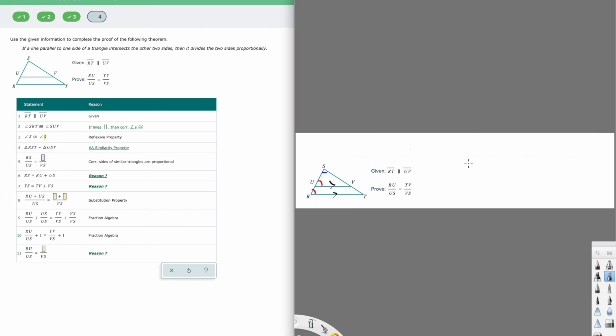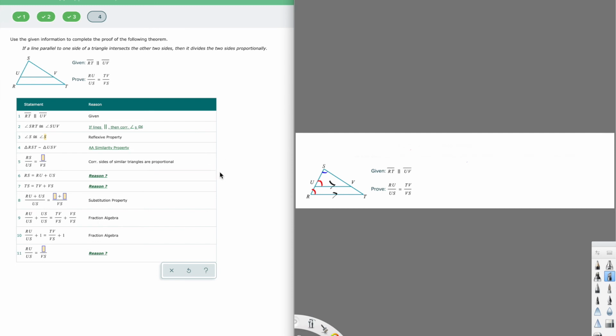So now, if we know that they're similar triangles, the entire idea of a similar triangle is that the sides are not congruent, but they are proportional to each other. So they've been increased or decreased by the same factor for these ones.